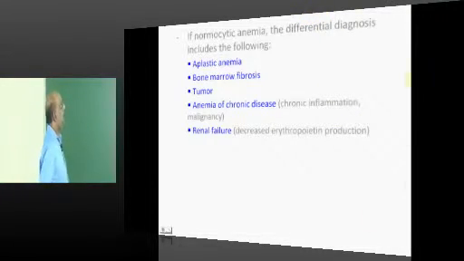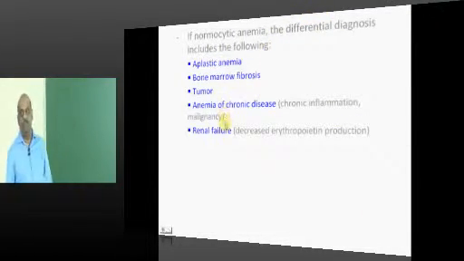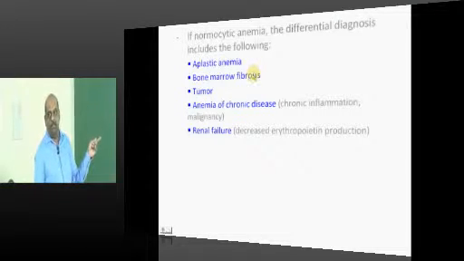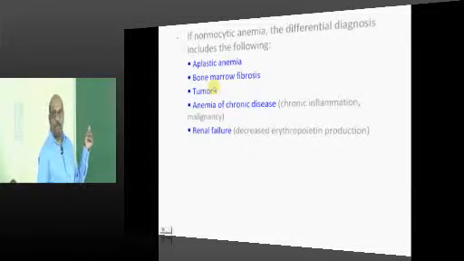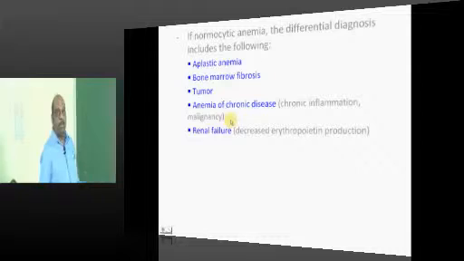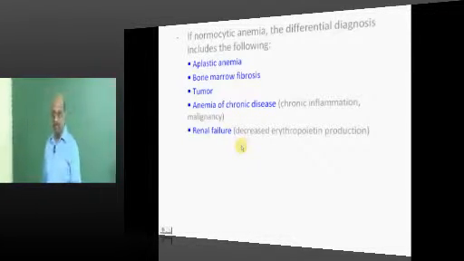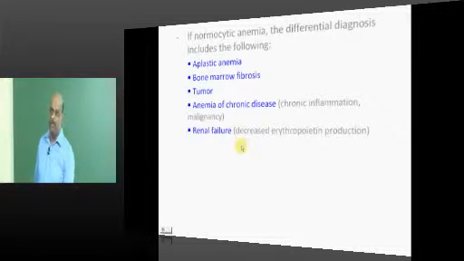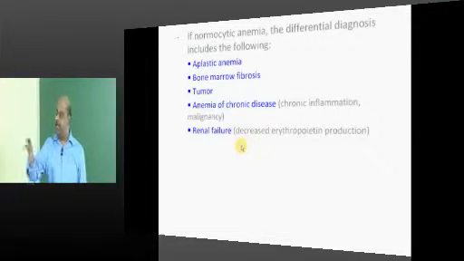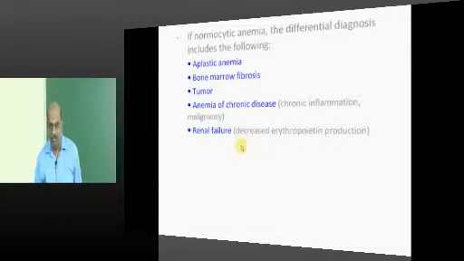Then comes normocytic anemia: aplastic anemia, any fibrosis of the bone marrow, any tumor. For example, somebody had prostate cancer. That prostate cancer has metastasized to the bone marrow, infiltrated the bone marrow, created fibrosis in the bone marrow.